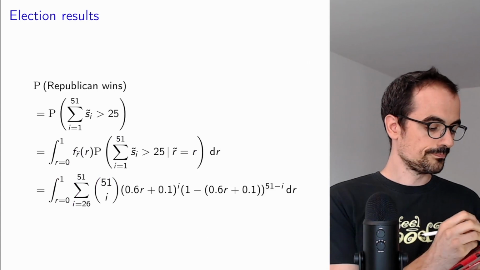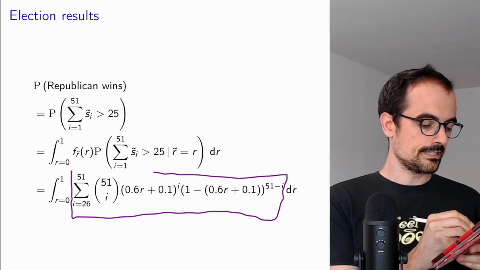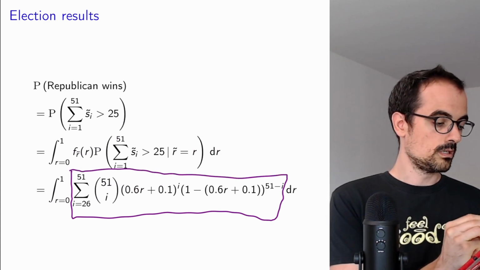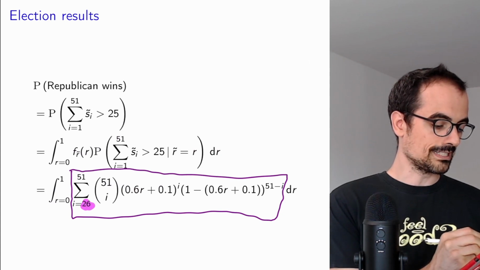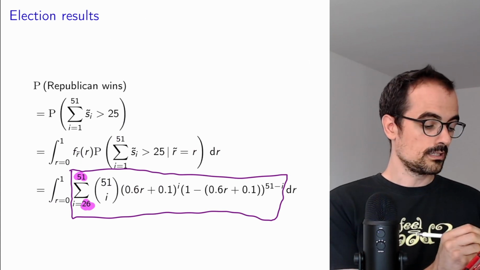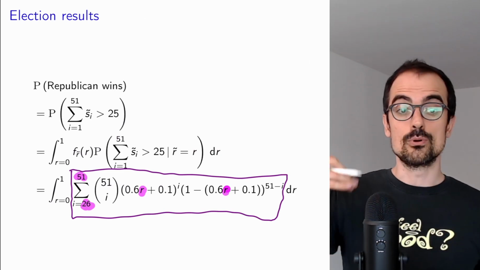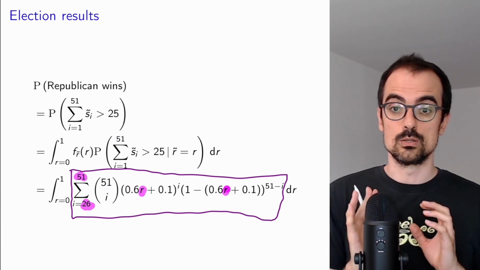So here we have plugged in the PMF of the binomial summed from 26 to 51, following exactly the same argument as before, except that now R is still a parameter here and we have to integrate it from 0 to 1, weighted by its density, which is equal to 1.